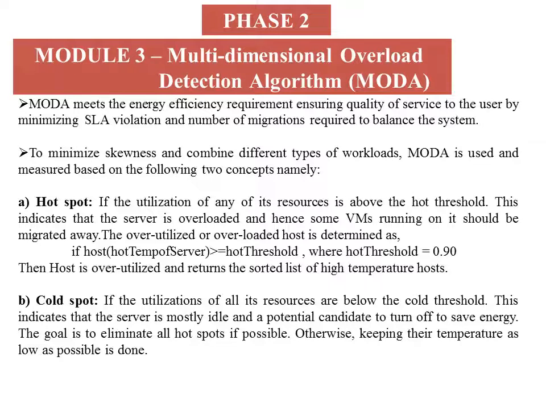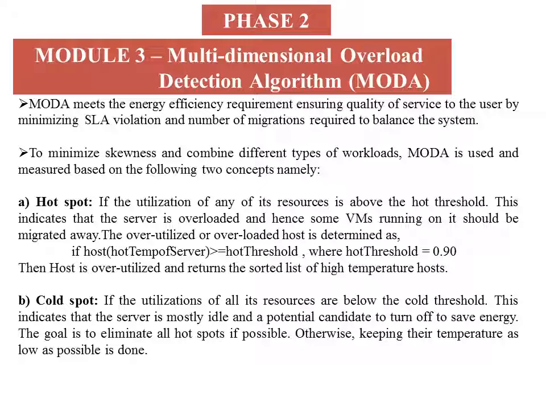Next, moving on to the modules, just a recap of whatever I have told about the MODA technique. Here the same thing is repeated with more concentration on the hotspot and cold spot, whereby the hotspot has a hot threshold value set as 0.90, and if the host is overutilized, it returns the sorted list of high temperature hosts.